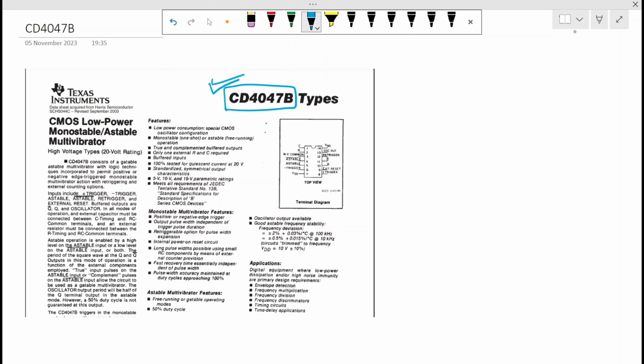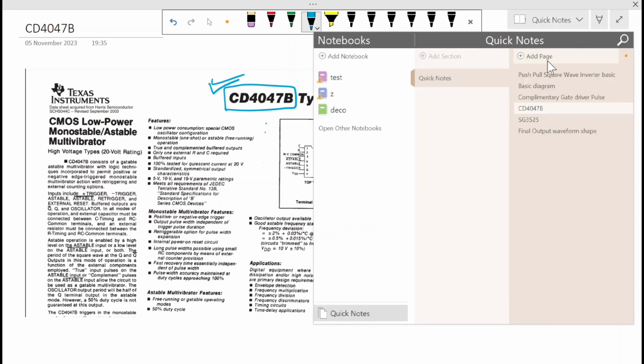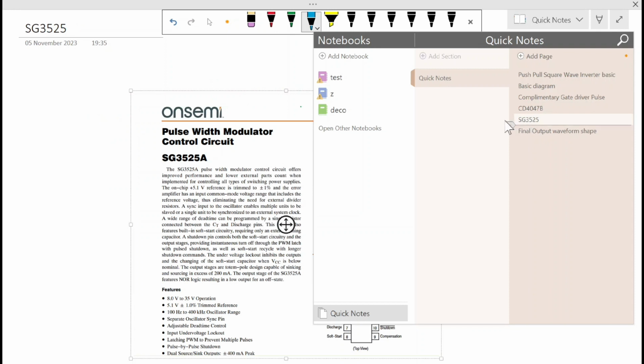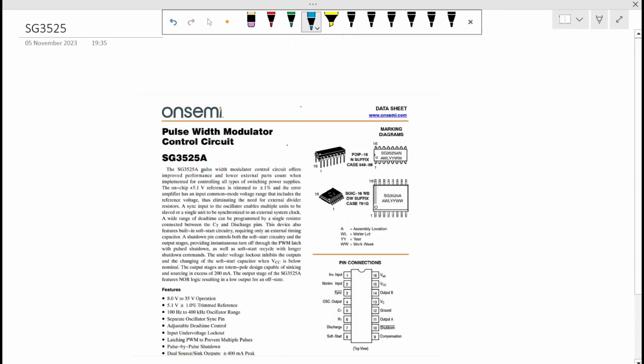Next, you can choose the SG3525 also. This is a very good IC for designing any kind of inverter. It has many protection circuitries also. You can see the shutdown circuitry.